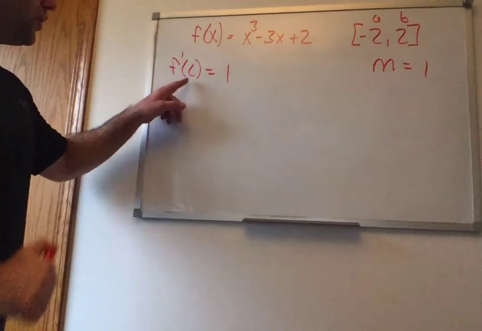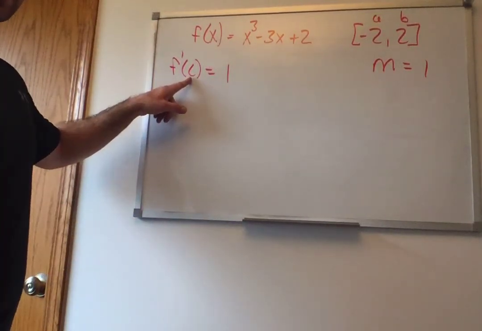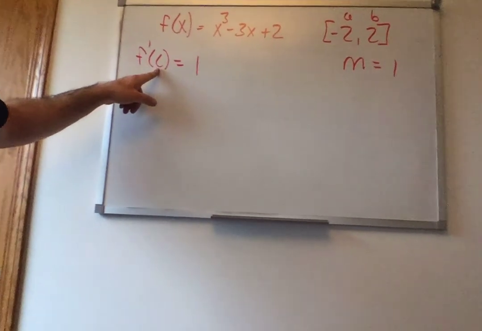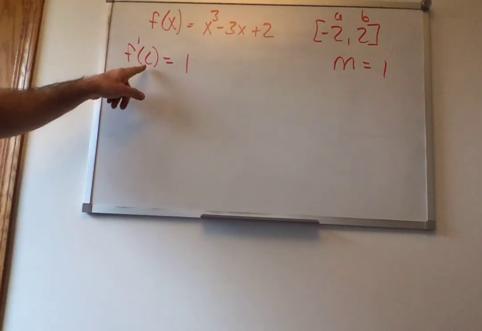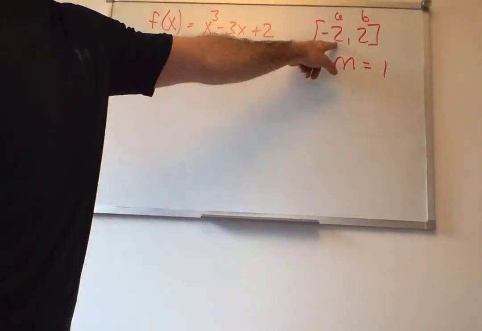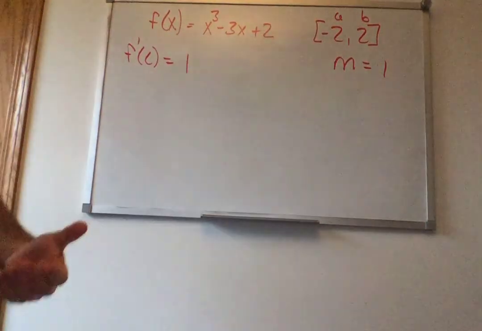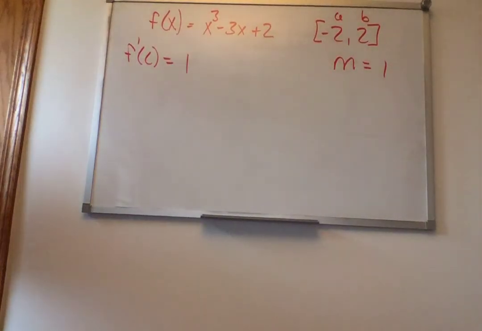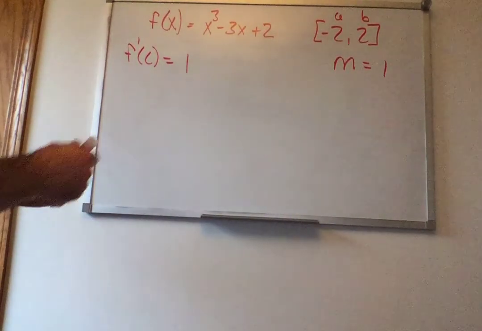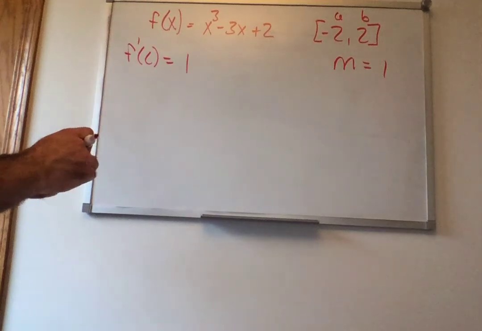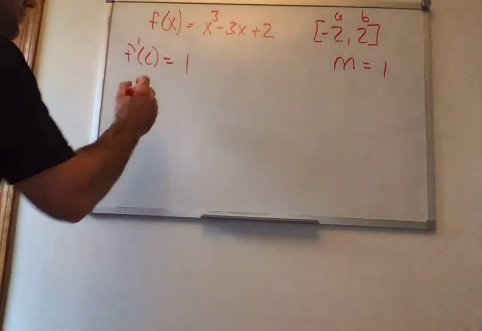Now, there could be more than one number c. We don't know. That's what we're going to find out. But if we do find a number, we have to make sure it's within this interval, because that is what the mean value theorem is guaranteeing. We should find one in that interval, so we need to find the derivative.